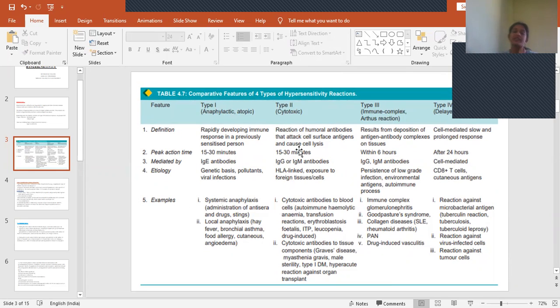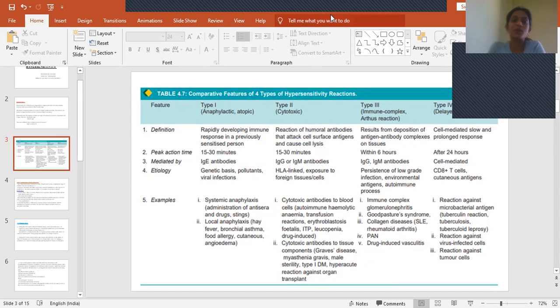In cytotoxic, we can see cytotoxic antibodies to blood cells and cytotoxic antibodies to tissue components. And type 3 like glomerulonephritis, SLE, and drug-induced vasculitis. And type 4 can be seen in TB, leprosy, tumors, and certain viral infections.